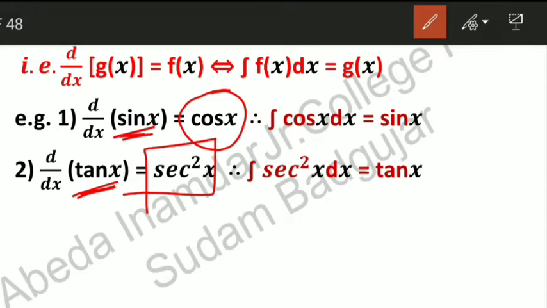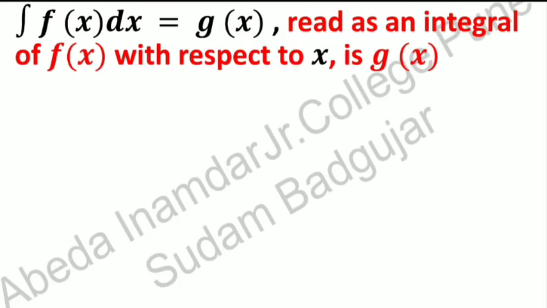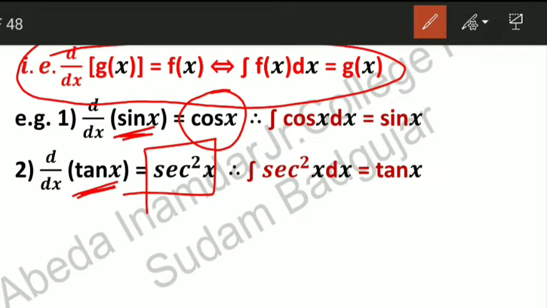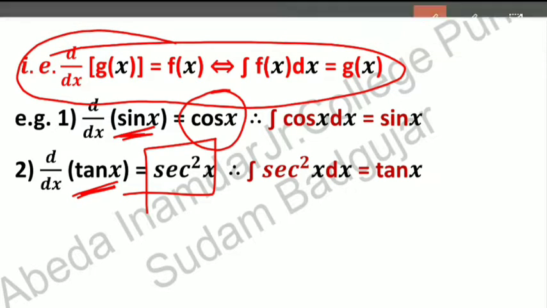So integration of sec square x is tan x by definition. So you must remember: the derivative of g of x is equal to f of x if and only if integration of f of x is equal to g of x. That's it.